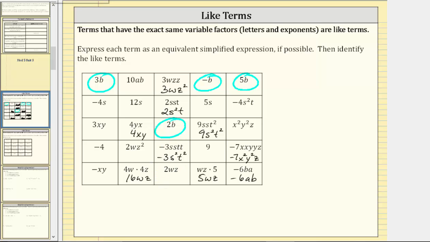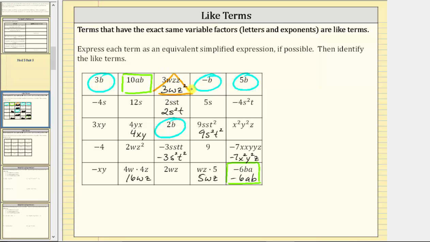Let's move to the next term, which is 10ab. Let's see if we can find all of the terms that are like terms with 10ab, meaning they have exactly one factor of a and exactly one factor of b. So 10ab and -6ab are like terms. The next term is 3wz squared.